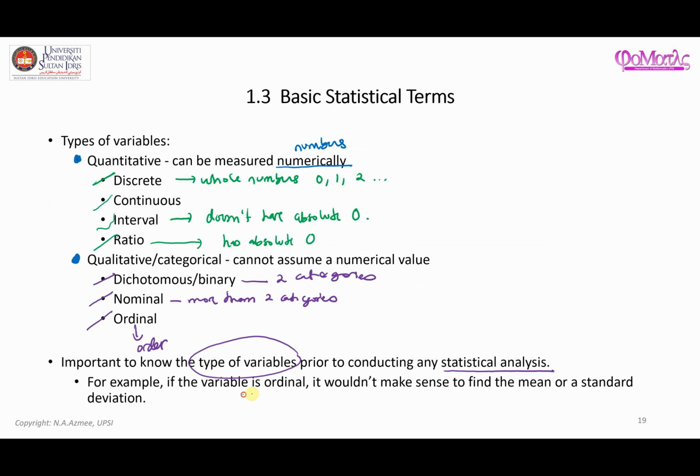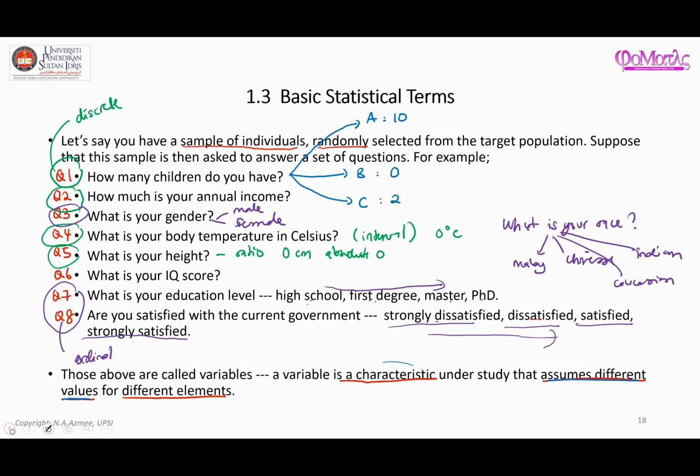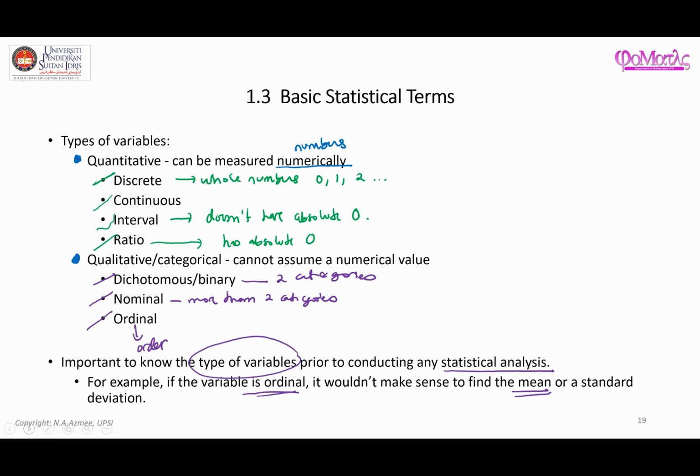For example, if the variable is ordinal, it doesn't make sense to try to find the mean or standard deviation, because sometimes when you talk about an ordinal variable, some people will give values to it, for example category 1, 2, 3 and 4, and they tend to make the mistake of finding the mean when in fact these numbers do not exactly represent the real numbers. Okay, I think that's all for now.